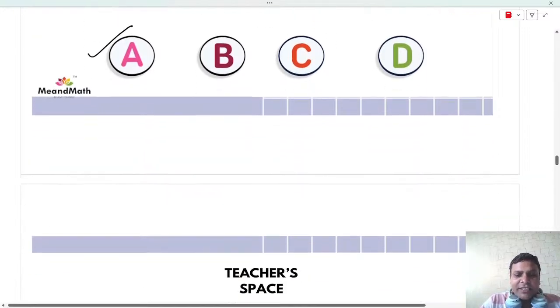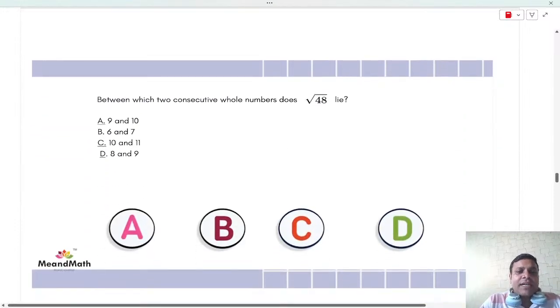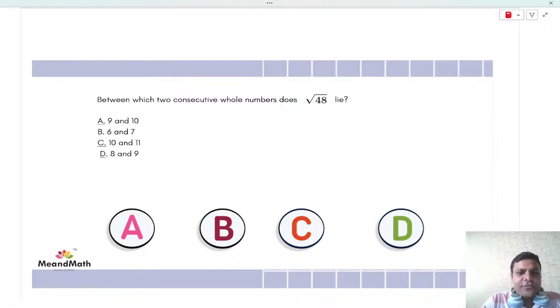Now let's move to the next one. Between which two consecutive whole numbers does root 48 lie? Between which two consecutive whole numbers does root 48 lie? 9 or 10, 6 or 7, 10 or 11, or 8 and 9?